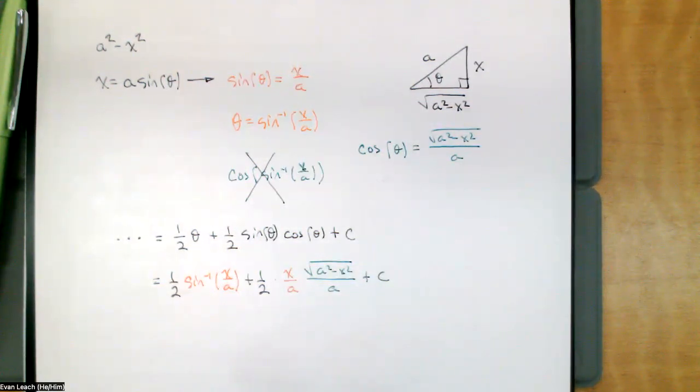Then we would clean this up. We would probably put the x square root of a squared minus x squared over two a squared.